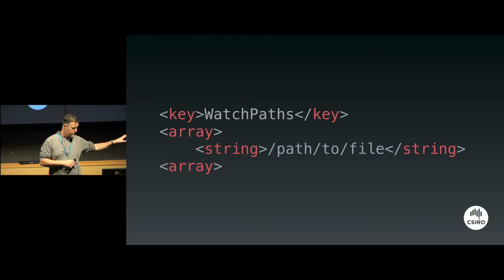So you can say, watch this file. If it changes, run. If it's actually a path to a directory and the directory changes, or you add any files to the directory or modify any files in the directory, it will also launch the job. So you can have it watch a file or a folder as well.